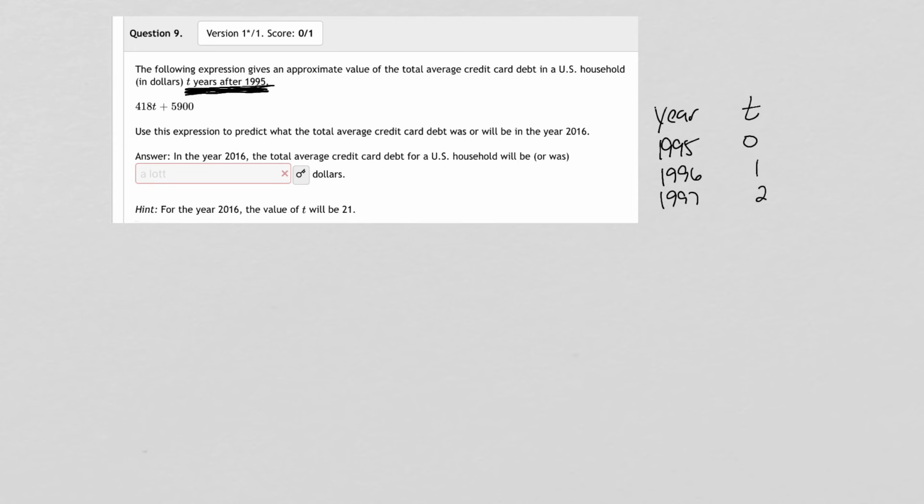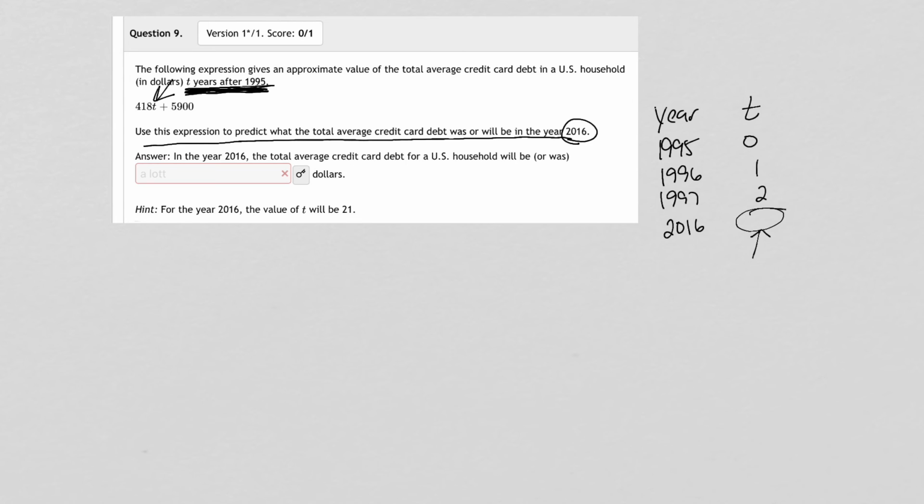Here it says, use this expression to predict what the total average credit card debt was or will be in the year 2016. So if I want to know 2016, I need to know what number should go in over here. 2016 is how many years after 1995?